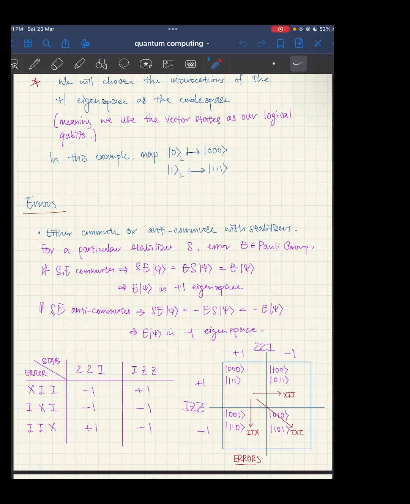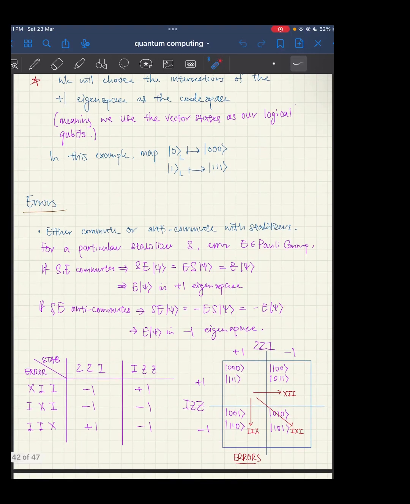And this means that E of psi is in the -1 eigenspace. So when the error commutes with the stabilizer, it sends the state into the +1 eigenspace, and if it anti-commutes, it sends the state into the -1 eigenspace of that operator.